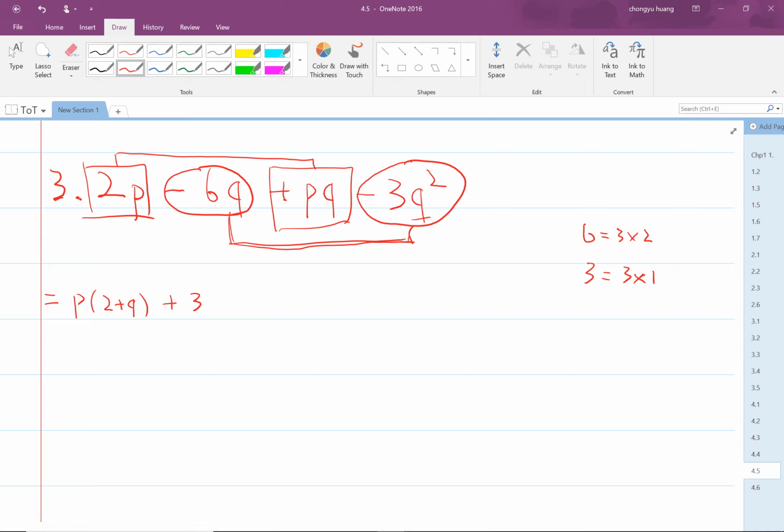Both of them have a q and a q squared, so q is also part of the greatest common factor. The greatest common factor among those two terms should be 3q.